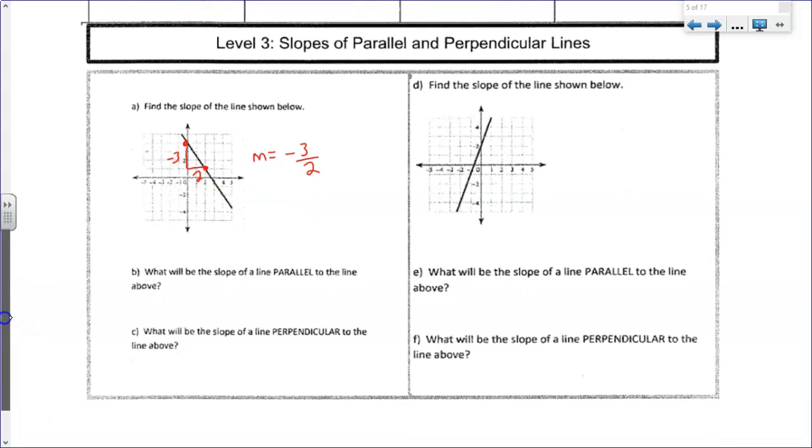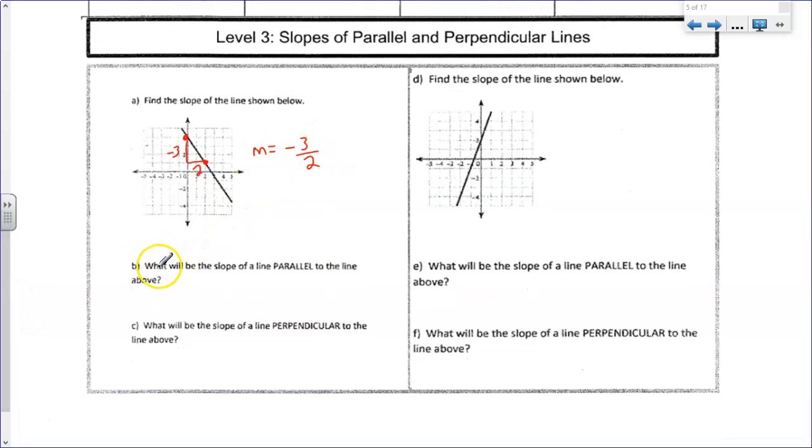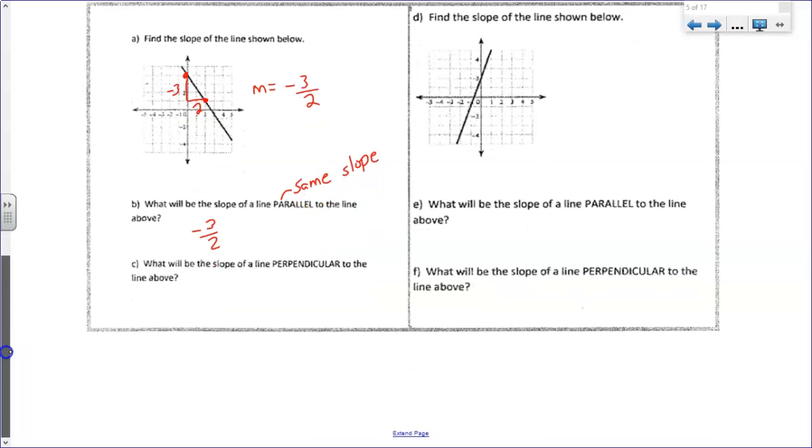All right, based on this slope, if I have a parallel line, what will the slope be? What do we know about parallel lines? They have the same slope. So if it's -3/2 here, a parallel line is also going to be -3/2. What will the slope of the perpendicular line be?